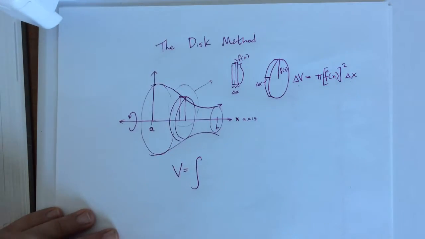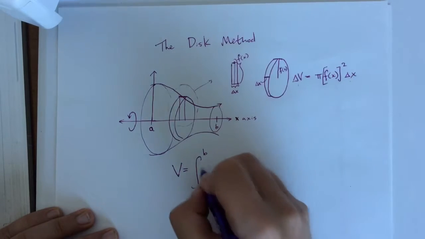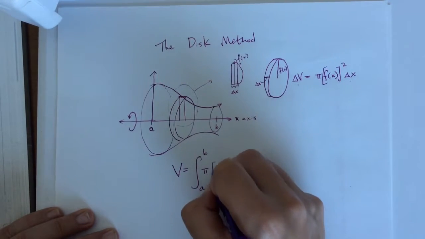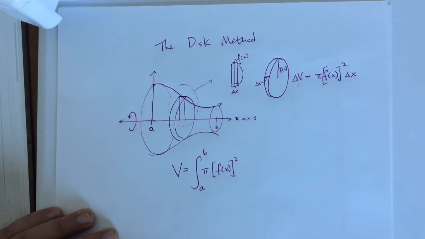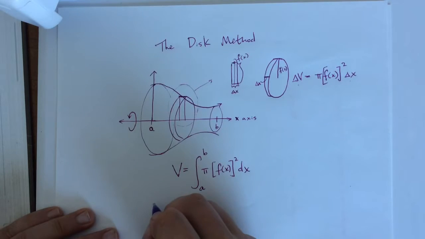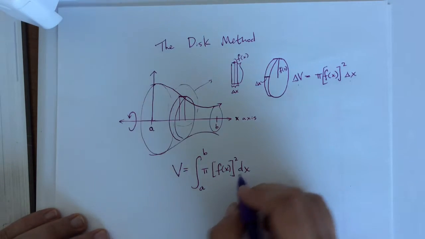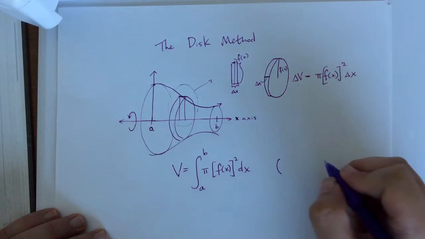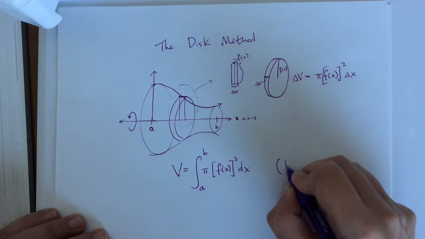That gives me the integral from a to b of pi times f of x squared dx. This is our volume for the disk method, if our axis of revolution is horizontal.